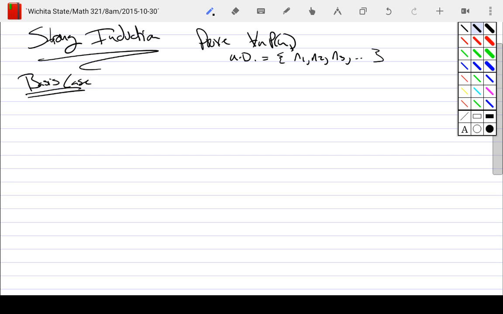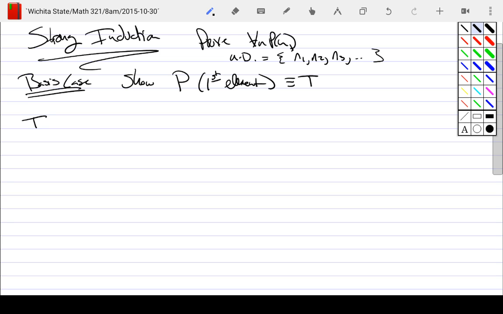The basis case is still the same. We want to show that for the first element the propositional function is true. Exact same thing as weak induction.